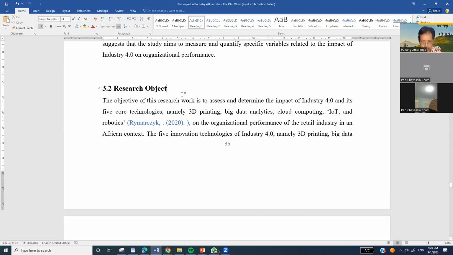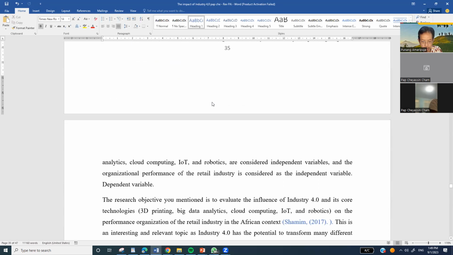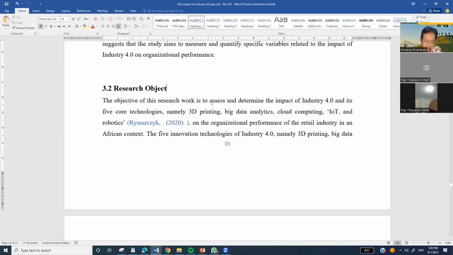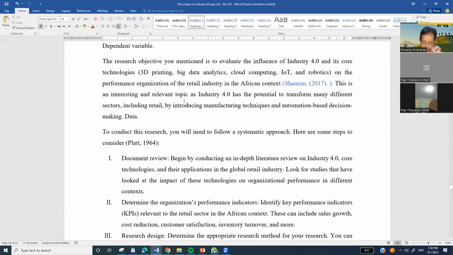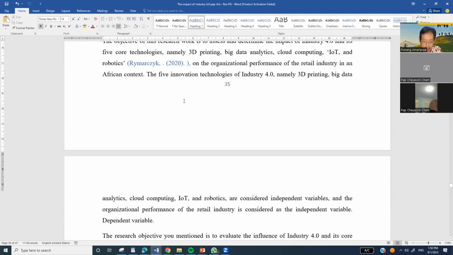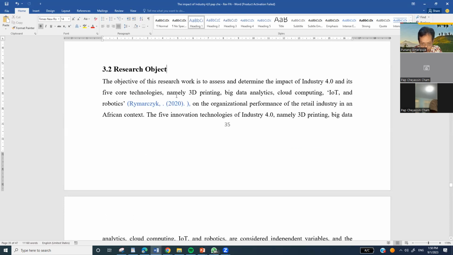So object is what, let's say you're doing a, the object might be companies in, okay. I'll give you an example later on, because you would have to explain the object and the subject. So the object might be, for instance, in your friend's research, let's say it's a research on e-commerce.